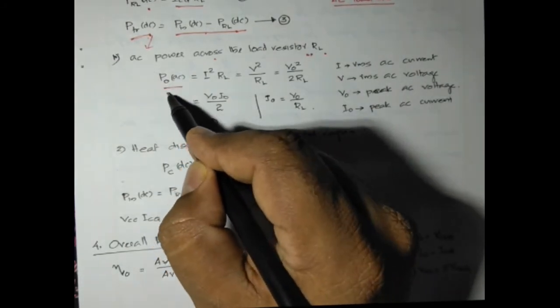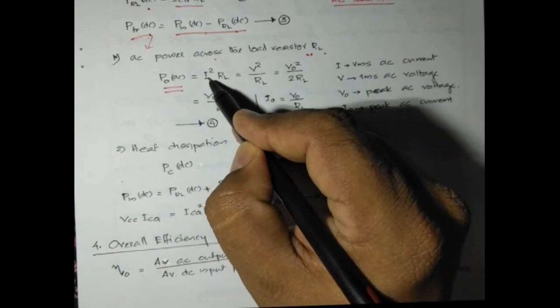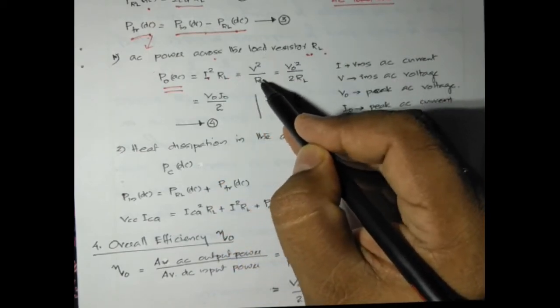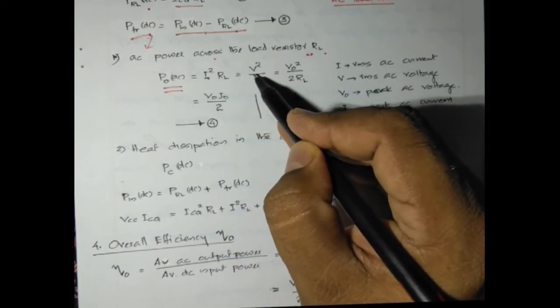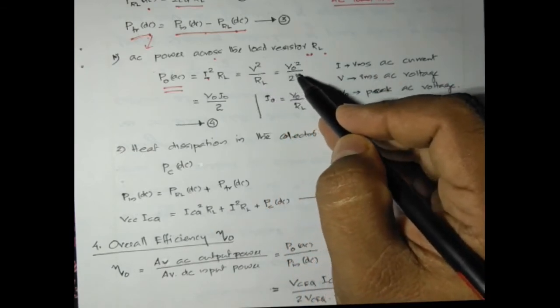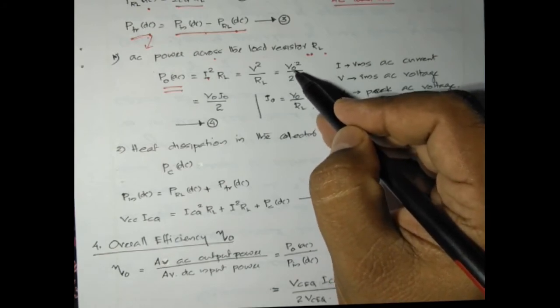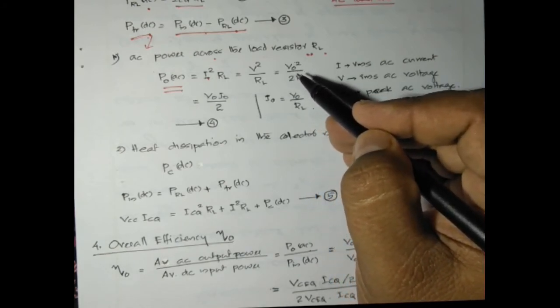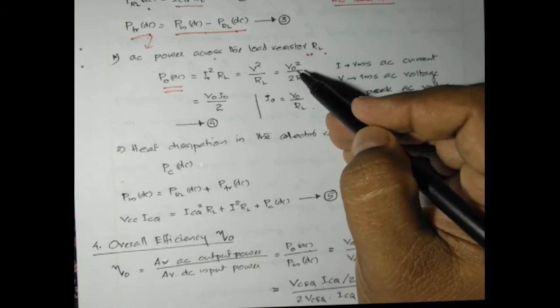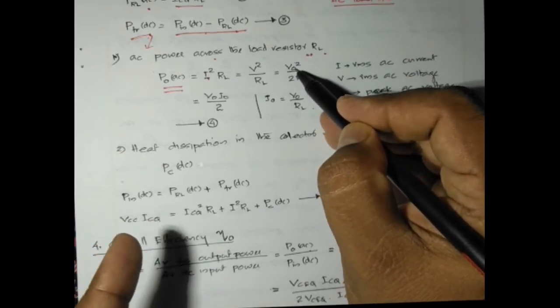So this is POAC equal to I square RL, where I is the RMS value of the AC output current, which is V square by RL, and V is the RMS value of the AC voltage, which could be further modified as V0 square by 2 RL, where V0 is the peak value of the output voltage.